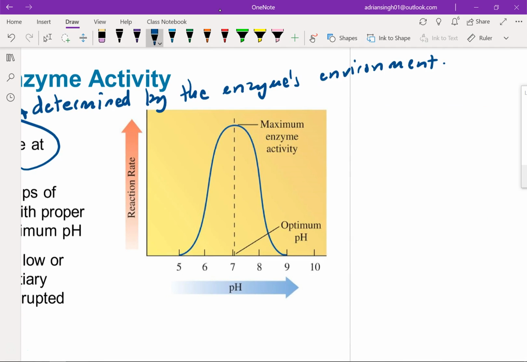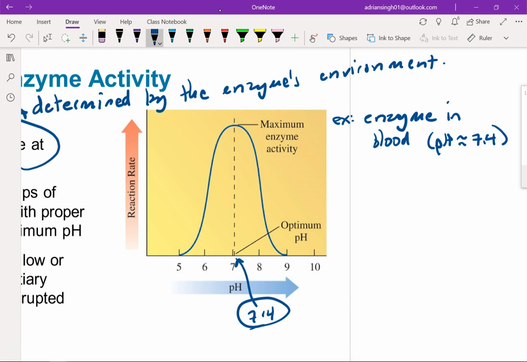So for instance, if you have an enzyme that is residing in the bloodstream, so for instance, an enzyme in the blood, and as you know, the blood pH is around 7.4, well, then the optimum pH for that enzyme should be about 7.4.